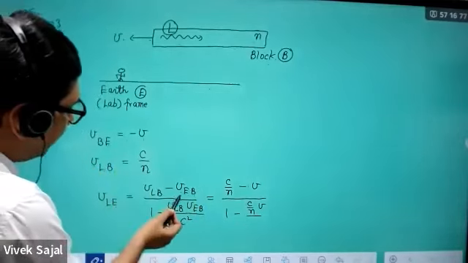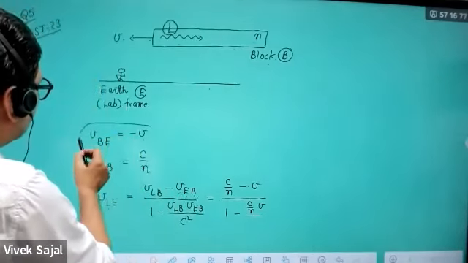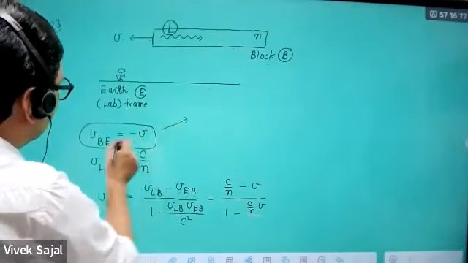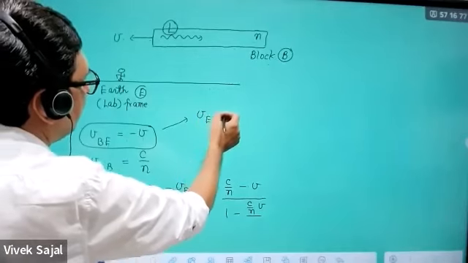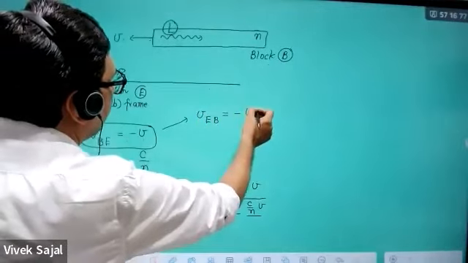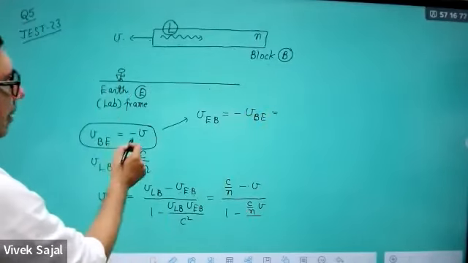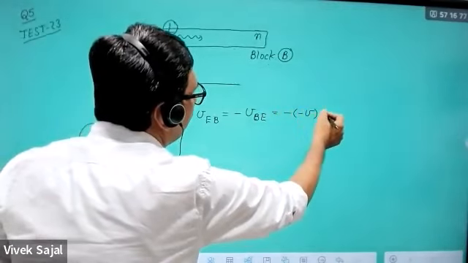No, actually what is this? This is the velocity of the Earth with respect to beam. And what is this? This is the velocity of the beam with respect to Earth. So what will be the velocity of the Earth with respect to beam? That will be minus the velocity of beam with respect to Earth. How much is it given? Minus v. So this will be minus V, this will be V here.